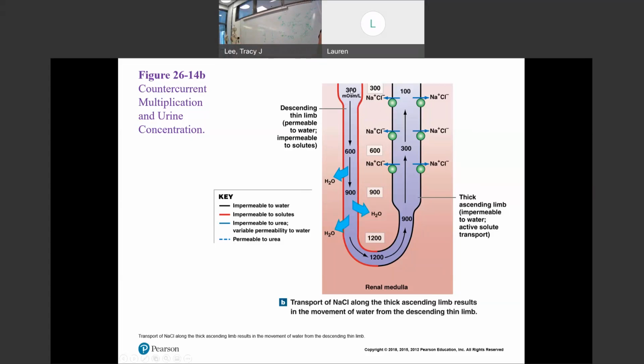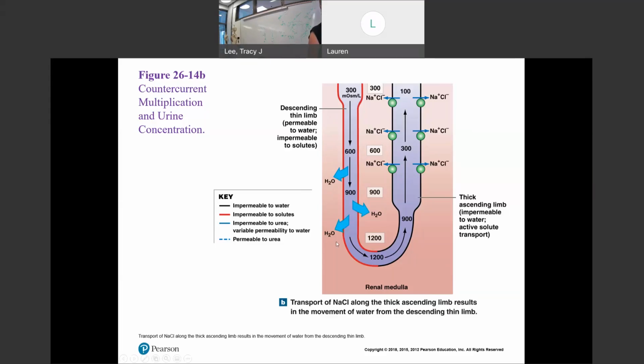When you look here, our filtrate comes in to our descending loop at about 300 milliosmoles, and look, it's getting more concentrated. Why? Because water is coming out. So my outside out here is going to be more diluted up here, where a lot of water came out.